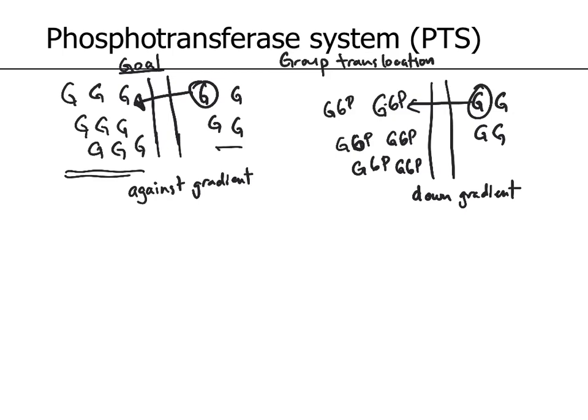All right, so how does this actually do this? It's going to get this phosphate from PEP, from phosphoenolpyruvate. It's a series of different protein complexes. I should have drawn this one bigger.